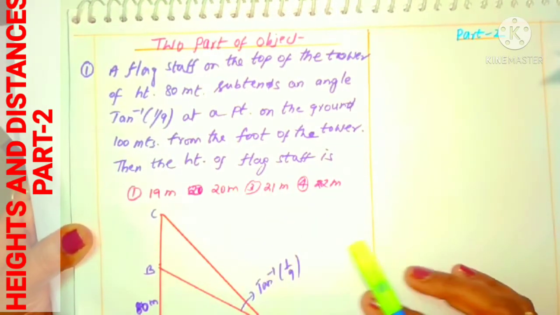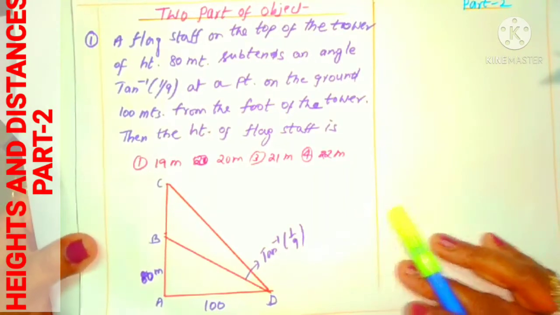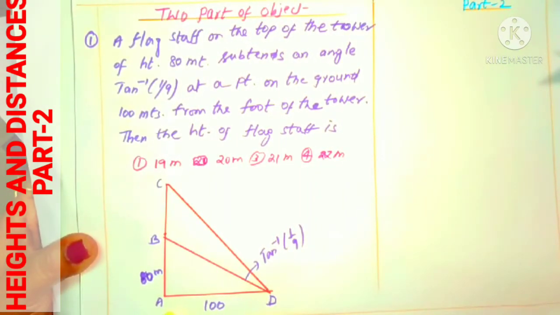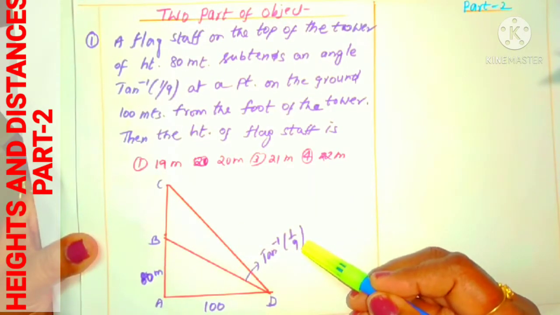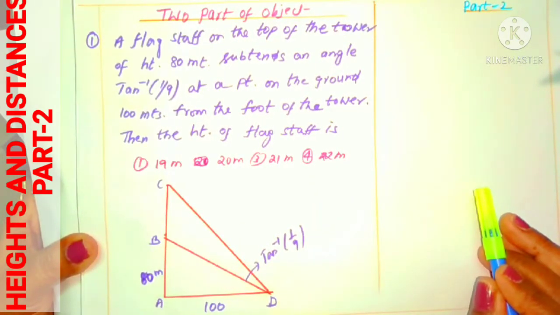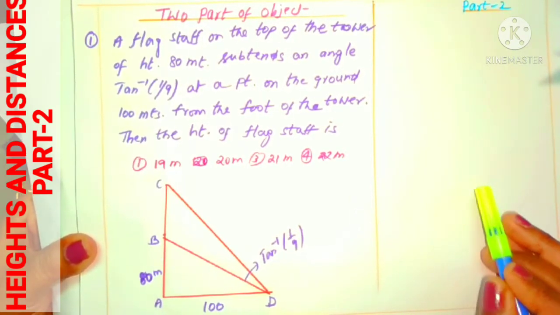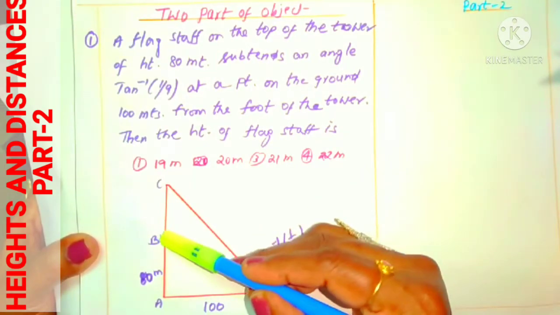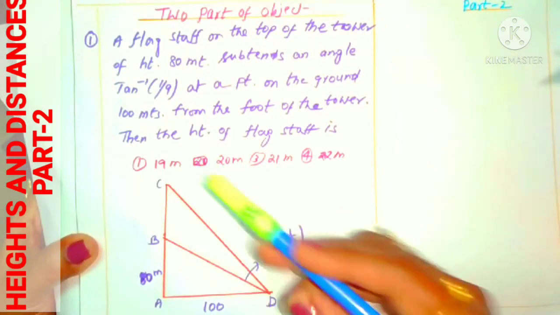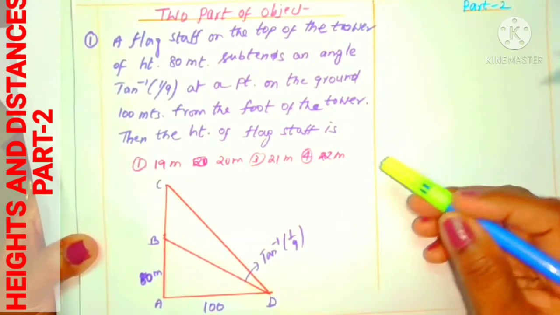A is the foot of the tower. From this foot of the tower, D is 100 meters away. At this point D, BC subtends an angle tan inverse 1 by 9. This is the given data. Is it clear? Now, what is being asked? Finally, the height of the flagstaff is asked, which means we have to find this BC distance. Is it clear? Very simple.